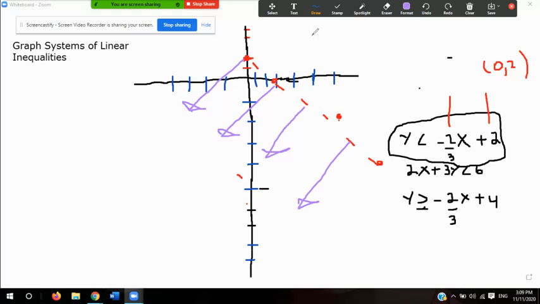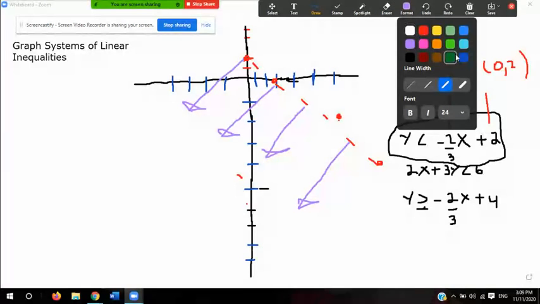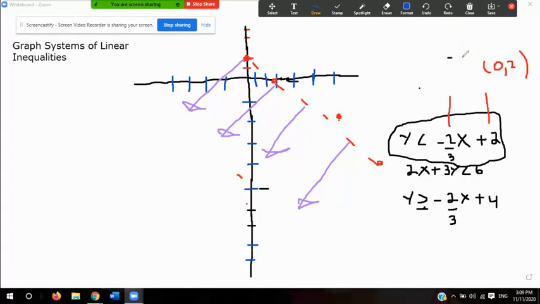And now we're going to draw our second graph, which is actually y is greater than negative 2/3 x plus 4. So here we have our ordered pair 0 and positive 4, because this is the b, and that means that the y-intercept is at 4. So the first thing we're going to do is graph that, and then do the same thing that we did for our previous graph, noticing that my slope is also negative 2/3 x.